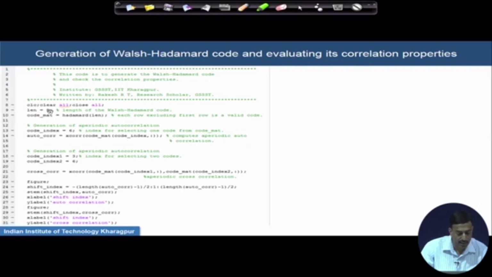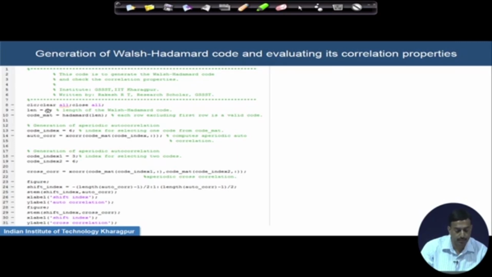In this code we have chosen a length of 8, and we generate the code matrix using the function Hadamard, which is a library function in MATLAB, and it takes a parameter of length.